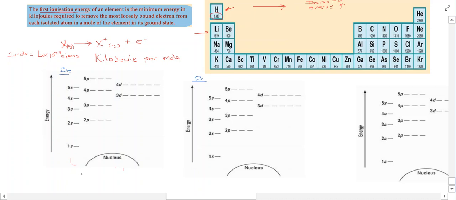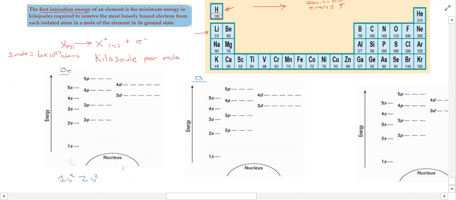I want to look at the electronic configuration for both of these and see if that gives any indication of why boron has a lower ionization energy than beryllium. First of all, the electronic configuration for beryllium looks like this. It is 1s2, and then 2s2. So that's its electronic configuration.